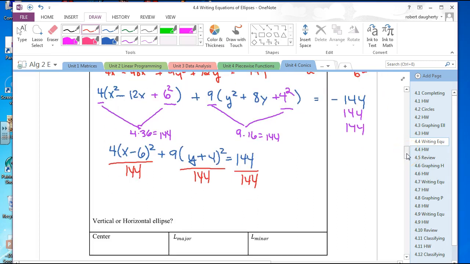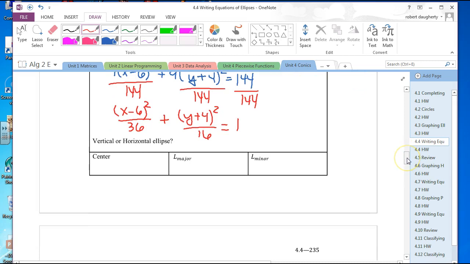And so 144 divided by 4 is what? 36. So this is x minus 6 squared over 36 plus 144 divided by 9 is what? 16. So plus y plus 4 squared over 16 equal 1.